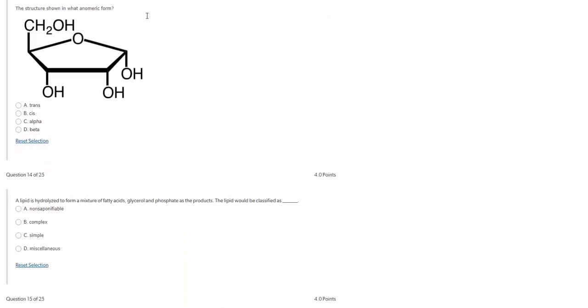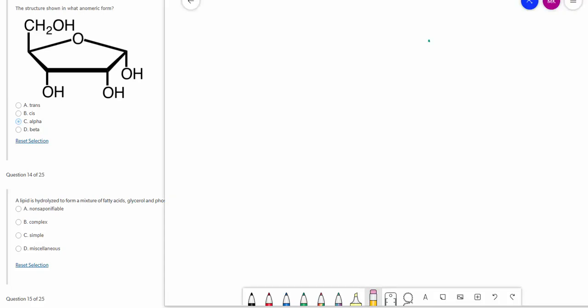Number 13, the structure is shown in what anomeric form? The grammar is a little bit off, but this is the alpha anomeric form. It might be helpful if you knew which was the anomeric carbon. So the anomeric carbon is the carbon that closes the ring.